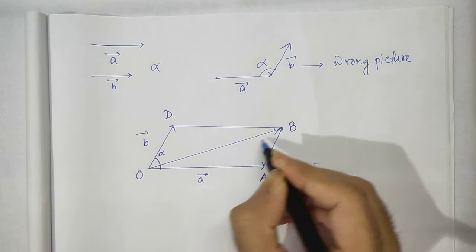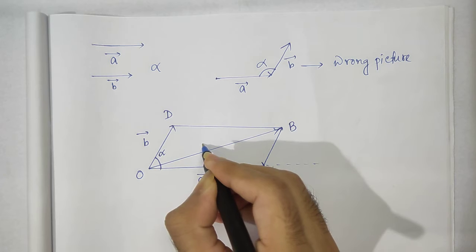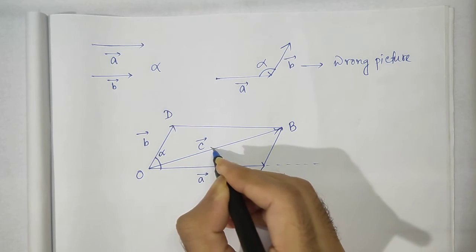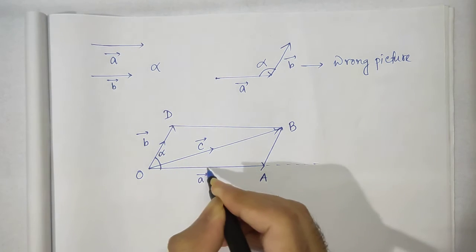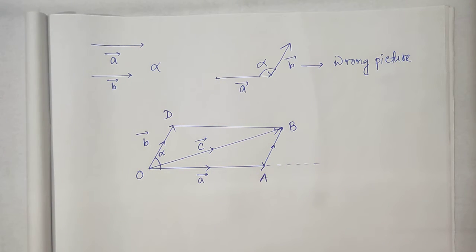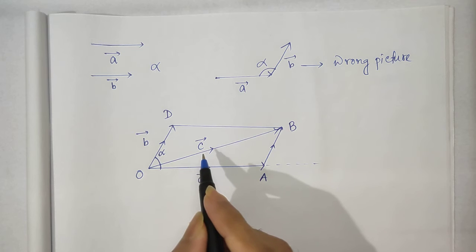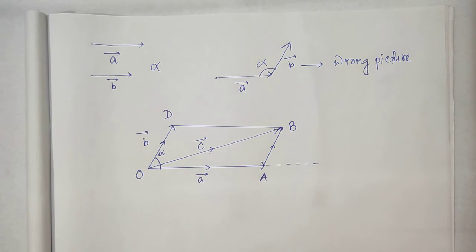I am denoting this vector with the vector C. This is the direction, right? Excellent. Now we have to calculate the magnitude of C, and we have to calculate the direction of C.